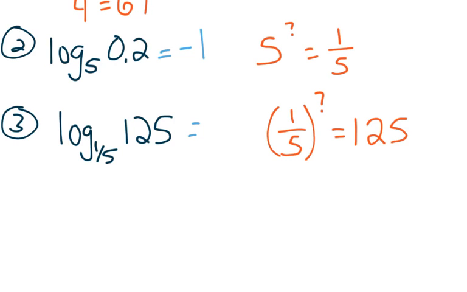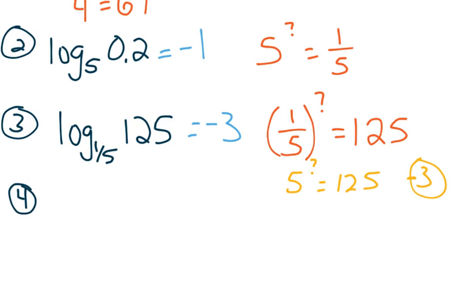But it's not 5, it's 1/5. It's the reciprocal of 5. So let's think about it as 5. If we thought about this as 5 to what power is 125? Well, that answer is easy. That one's 3. But we need the reciprocal. And anytime we have reciprocals involved, that means our exponents have to be negative. So our answer here for number 3 is -3. Because the reciprocal of 1/5 is 5, cubed gives you 125. So -3 is your answer for number 3.